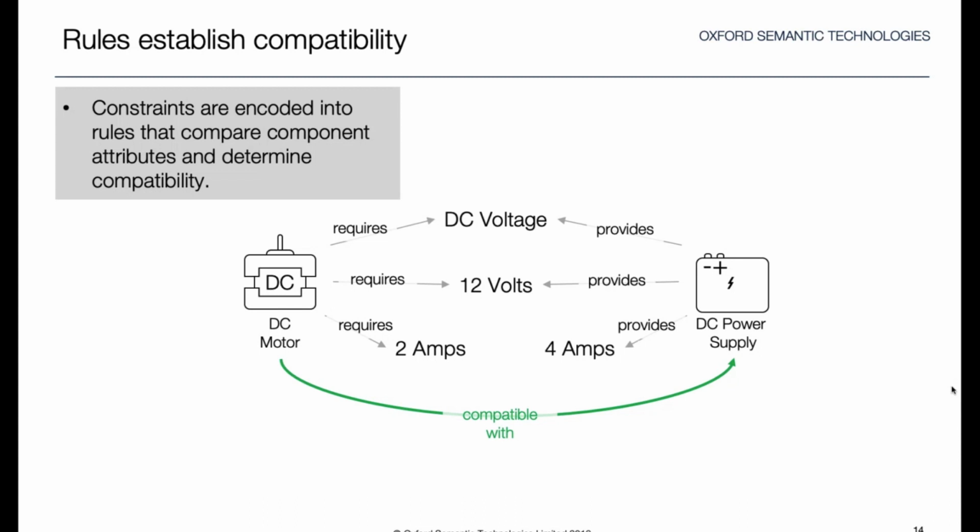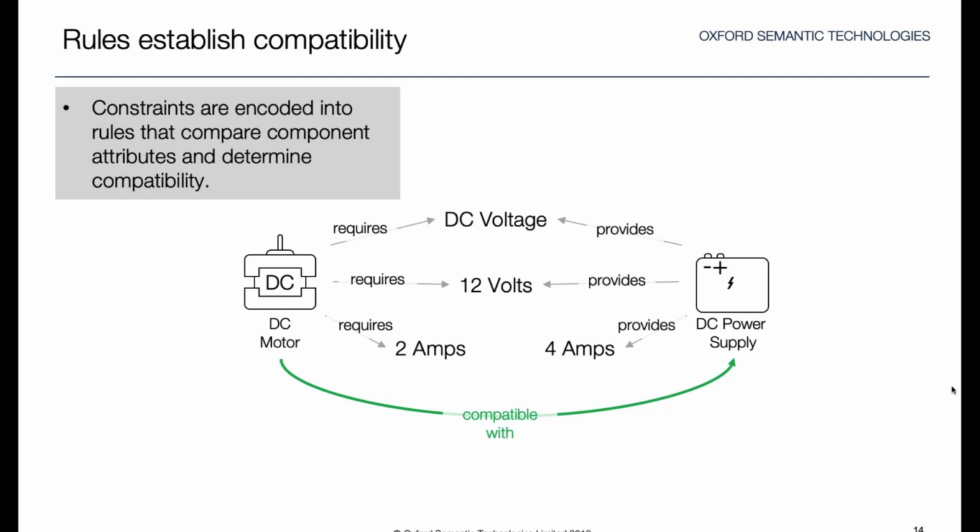And our constraint in this particular case, thinking back to our knowledge of electronics, the voltage requirements and provision need to match identically, whereas for the current, the power supply must supply at least the amount of current required by the motor. So 4 amps is greater than 2 amps. This power supply is a compatible match for this particular motor.